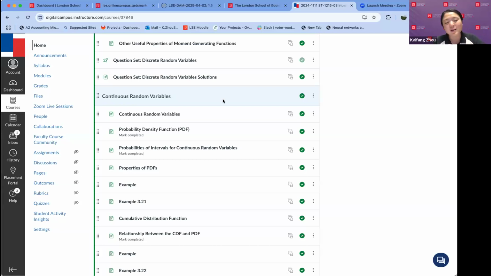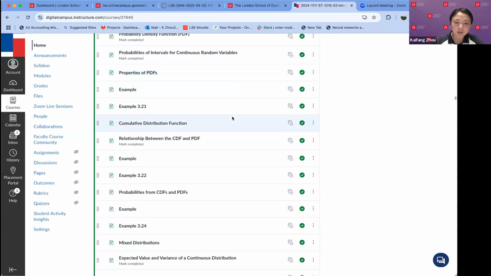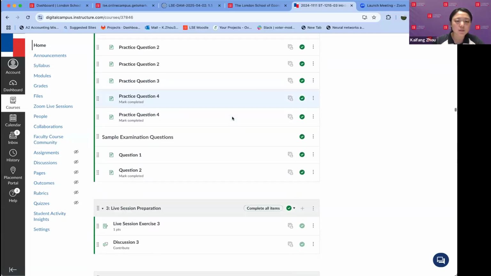The main takeaway is that you should know how to calculate the mean, variance, and moment generating functions for both discrete and continuous random variables if I give you a distribution function. Later on we can work through one example in detail. There are also some questions you can practice.